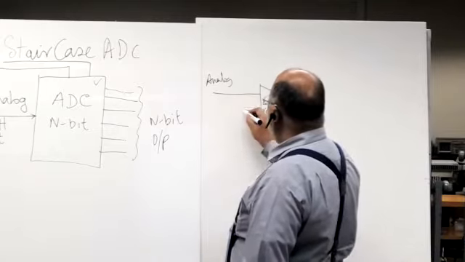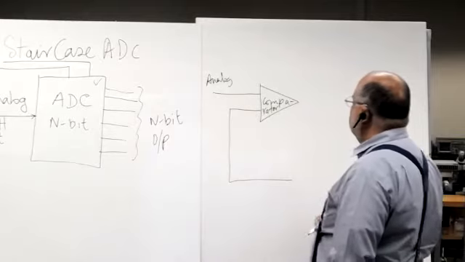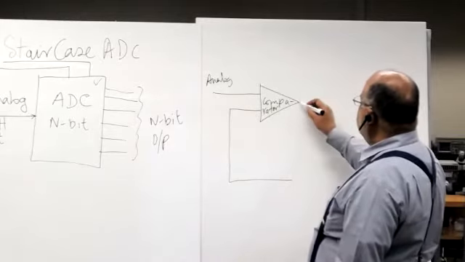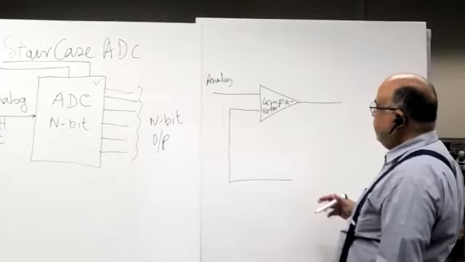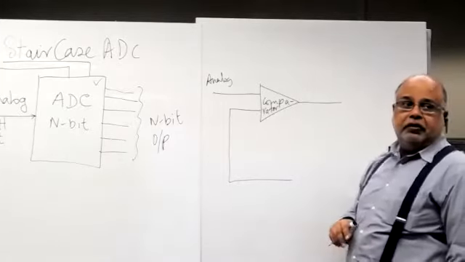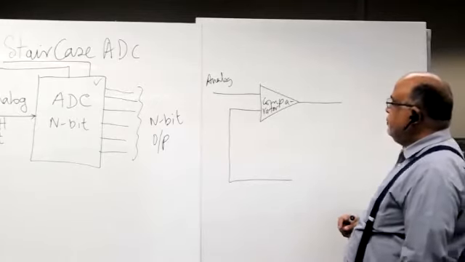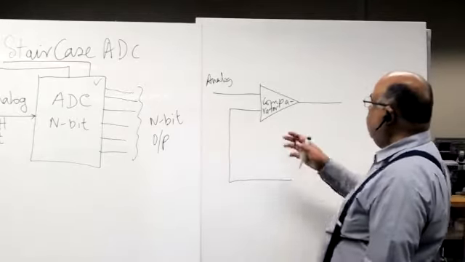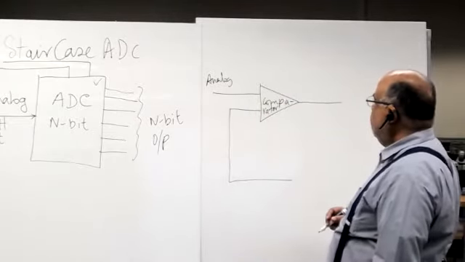It is compared with another input. This comparator is basically what plays the role of conversion, the basic conversion. It is what gets us into the digital domain.